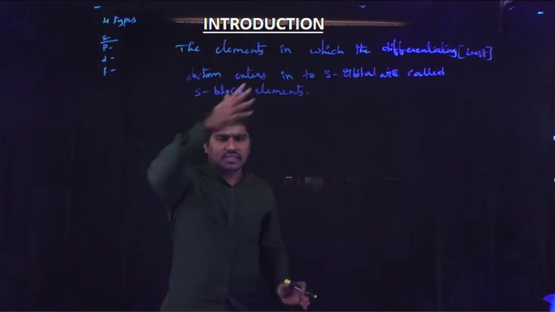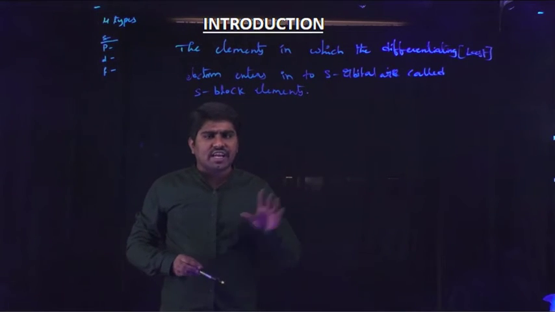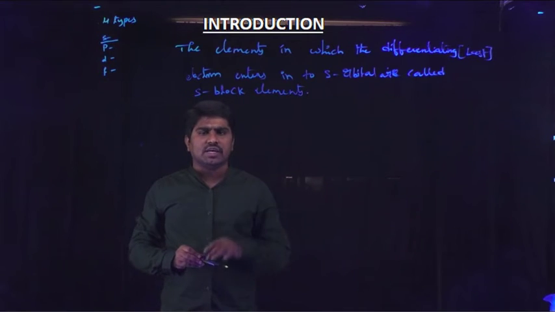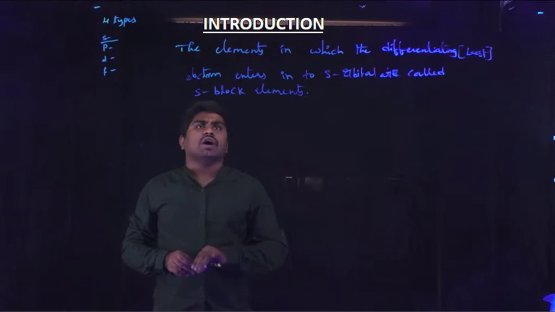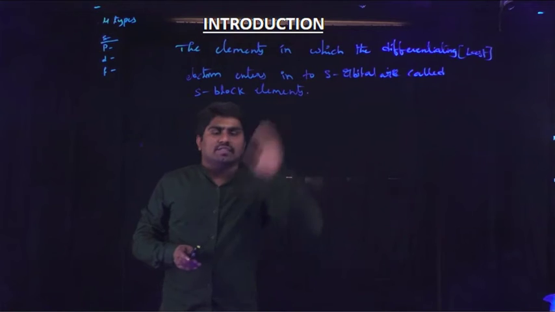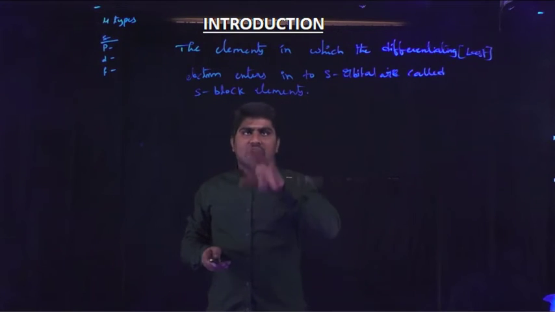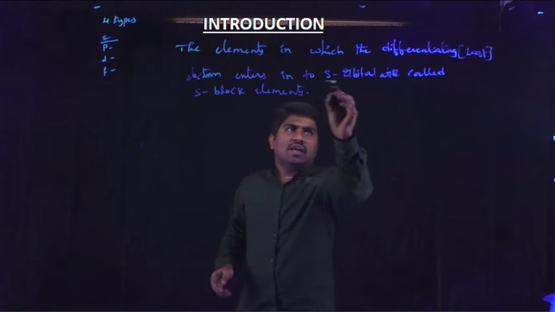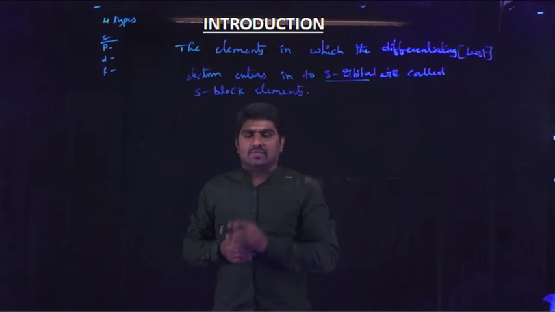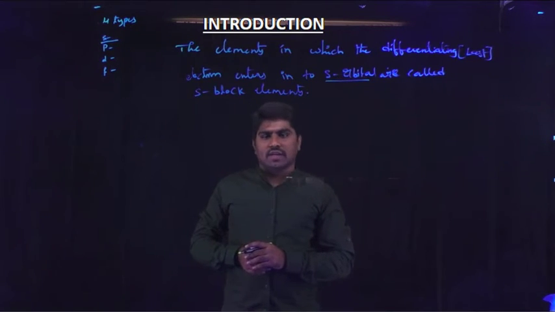The elements in which the differentiating electron, that is, the last electron, enters into the s orbital are called S block elements.